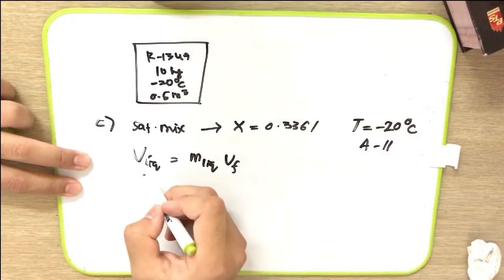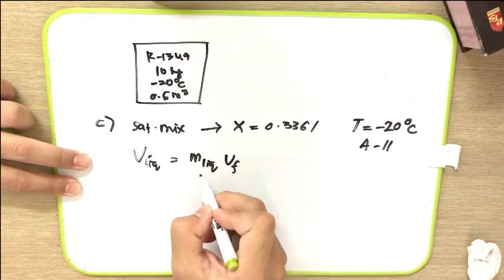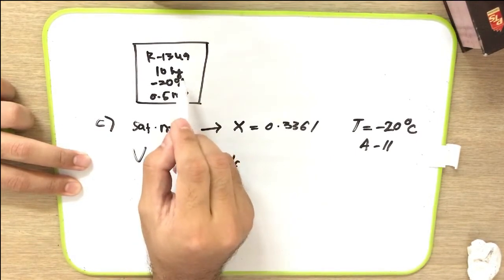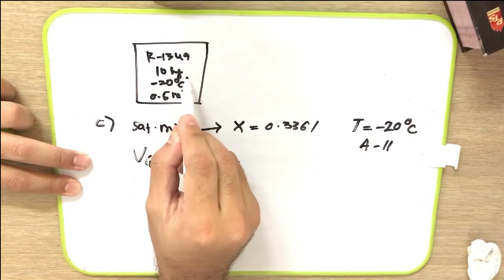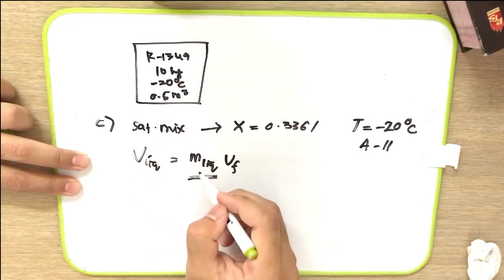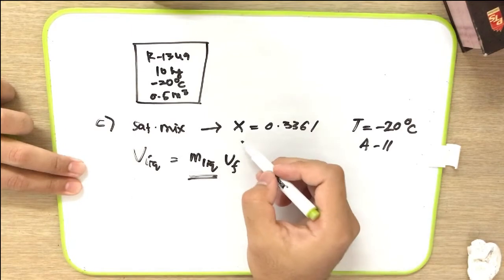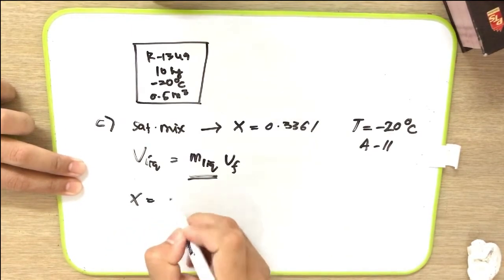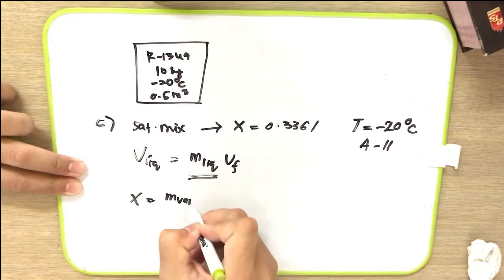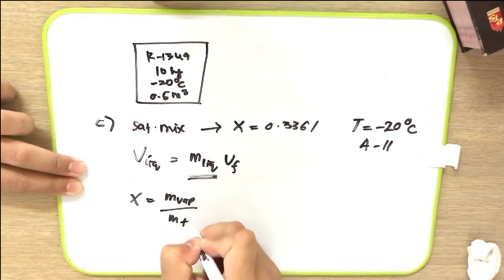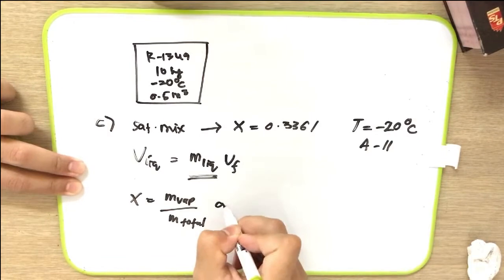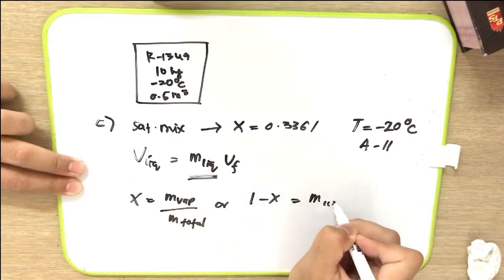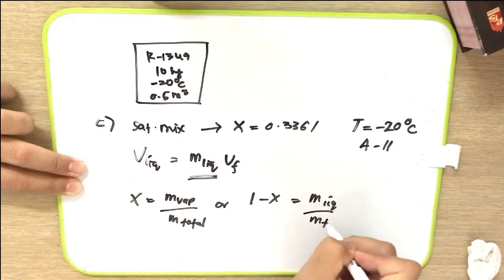Before we calculate it, we still don't know the mass for liquid. We cannot use this because this is the mass for the mixture. So we need to find the mass for liquid. We have this quality equation, X is equal to M vapor over M total, or 1 minus X is equal to M liquid over M total.